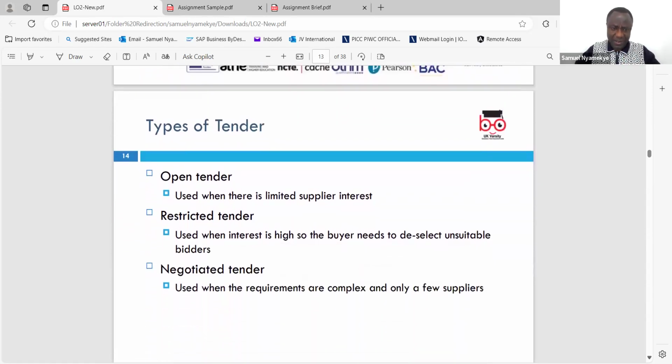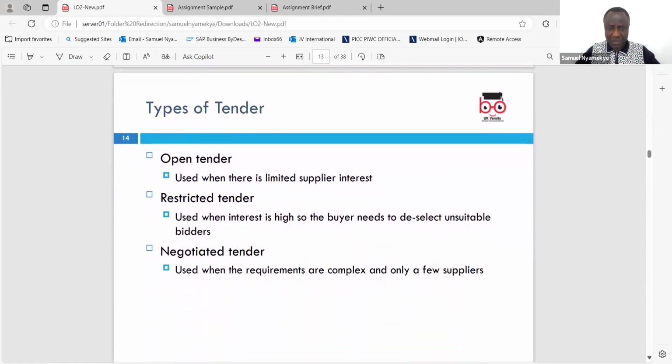Like I mentioned, there are several types. Open tenders are used where there's limited supply interest, so if there are only a few people.